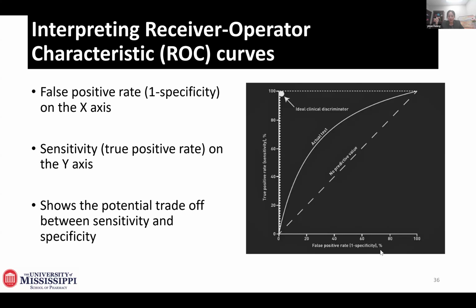So on your x-axis, you have the false positive rate, which equals 1 minus specificity. On your y-axis, you have the sensitivity, which is the true positive rate. And the ROC curve shows the trade-off between sensitivity and specificity.